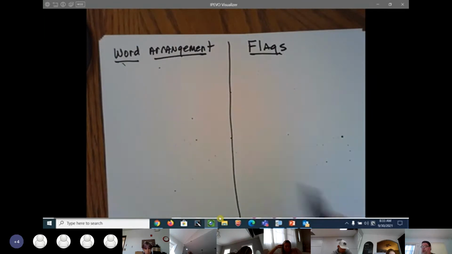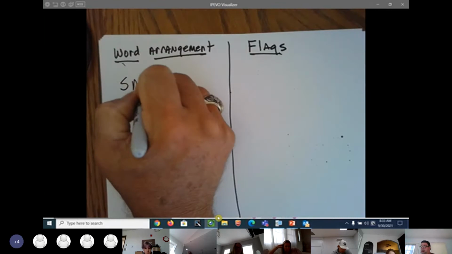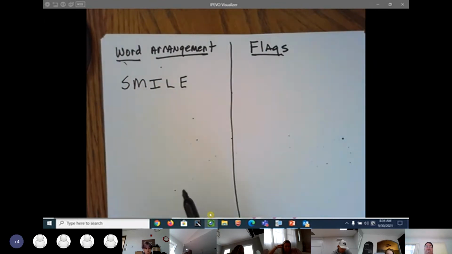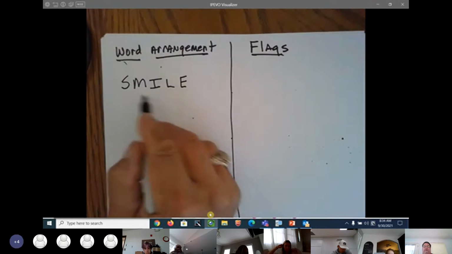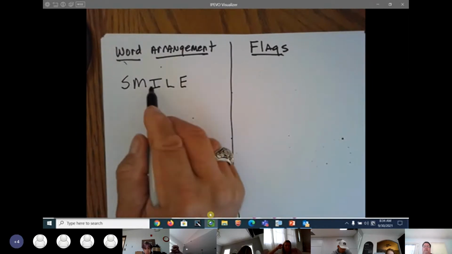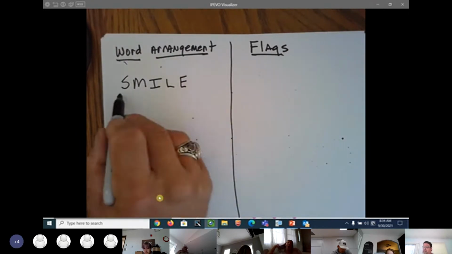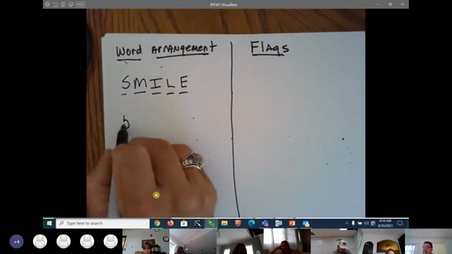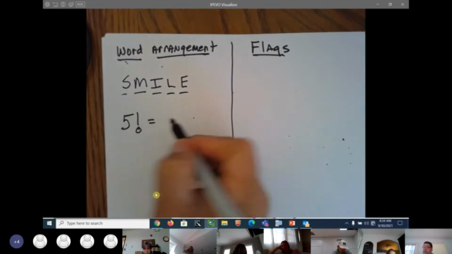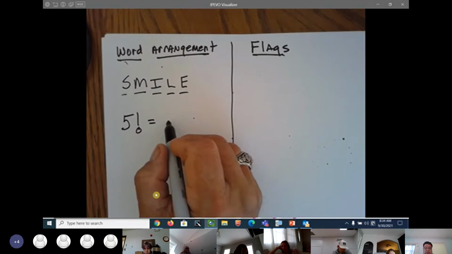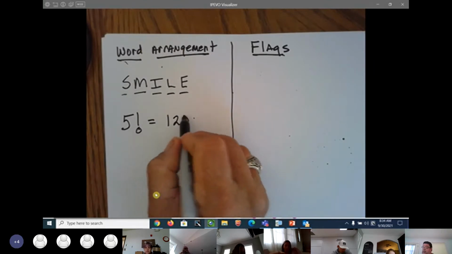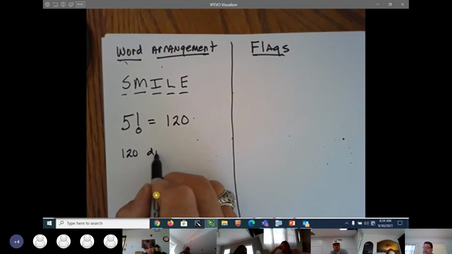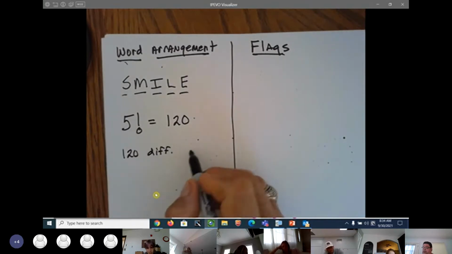Let's say I give you the word smile. How many different arrangements of those letters can you make? Well, you count the letters. 1, 2, 3, 4, 5. And that's 5 factorial, which we said was what, 120? So with smile, there's 120 different arrangements.